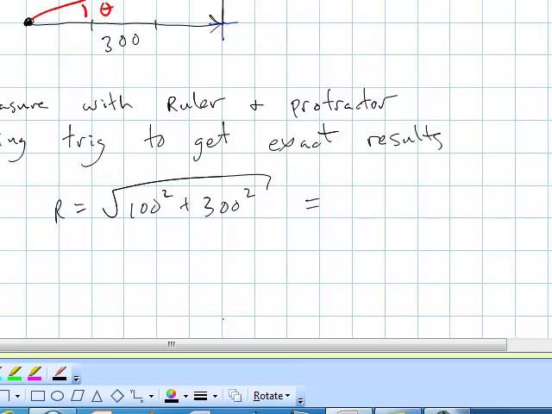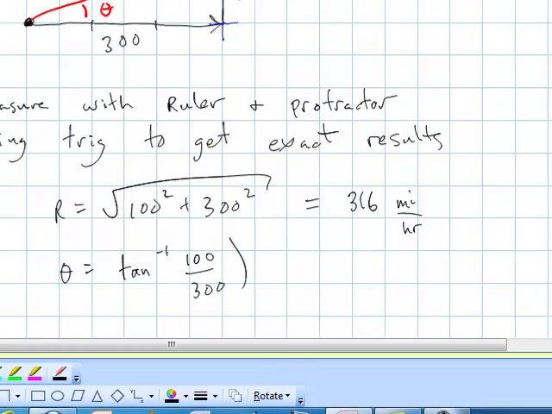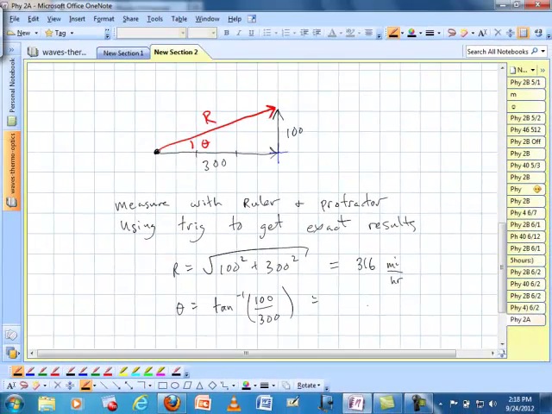I get 316. And theta is the inverse tangent of 100 over 300. Is that right? And I get 18.4 degrees.